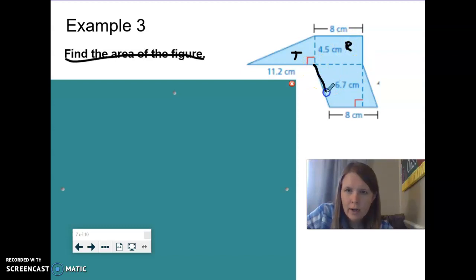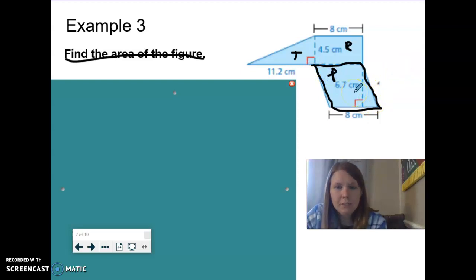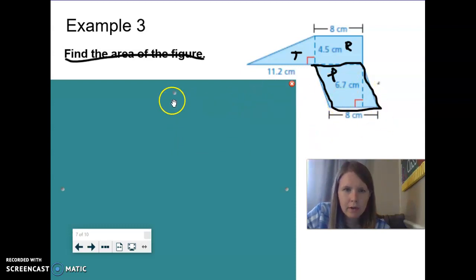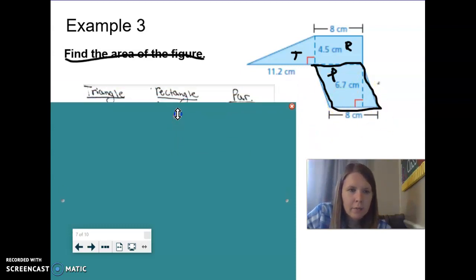And here I'm not going to break it down into little triangles. I'm just going to call this one a parallelogram. It's got opposite sides that are parallel, so it would fit into that category. So here are my different shapes: triangle, rectangle, and parallelogram.